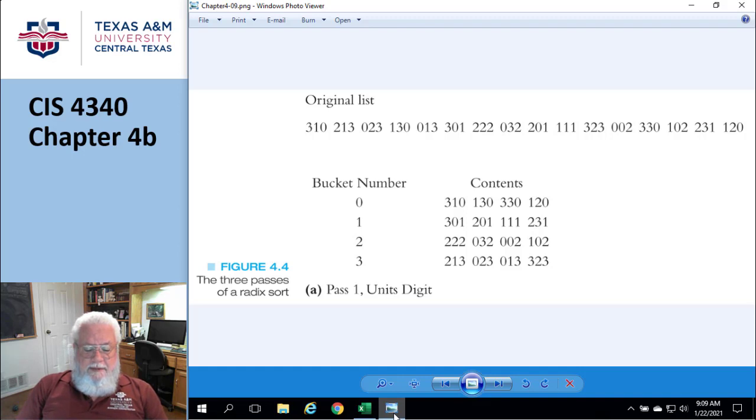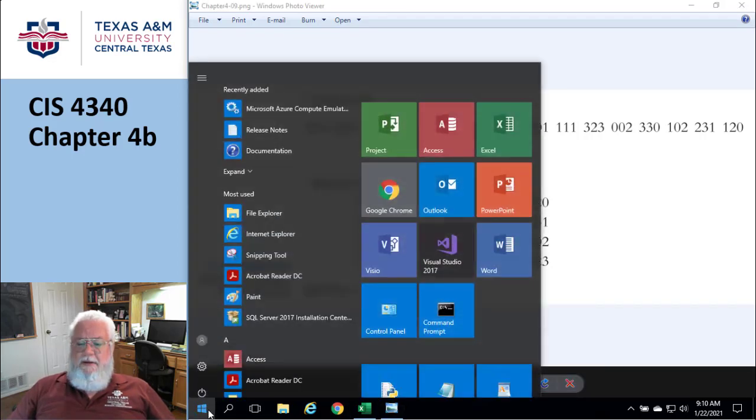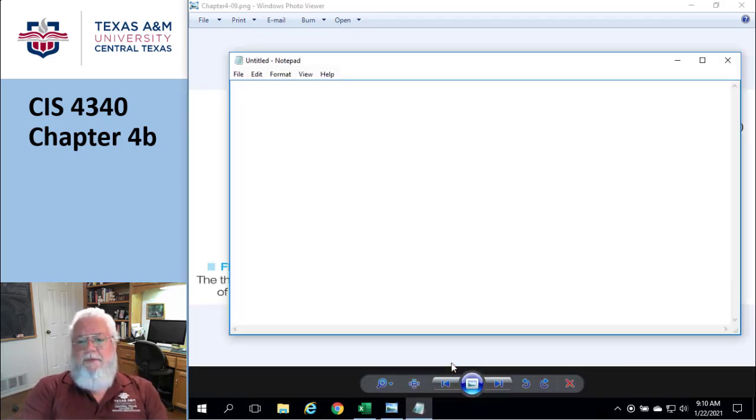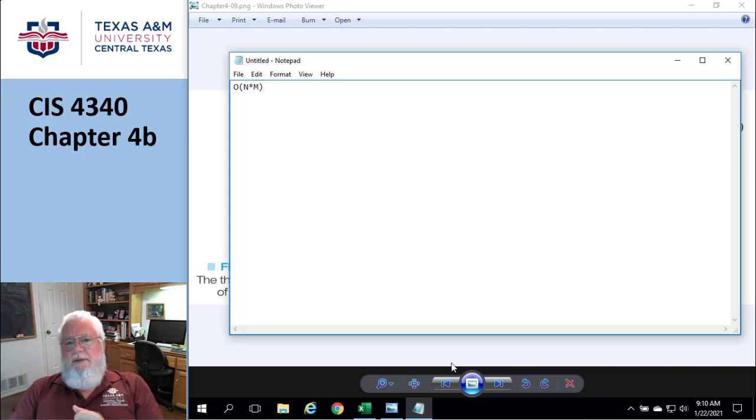Each element is compared m times, m being the number of digits. In this case, it looks like there's only a 3-digit number being looked at, so each number we looked at m times. If I look at this from a big O notation, it would be n times m, n being the number of elements in the array and m being the width.